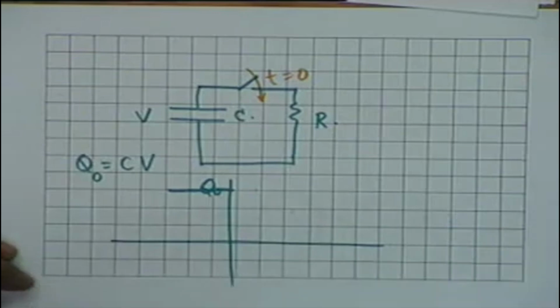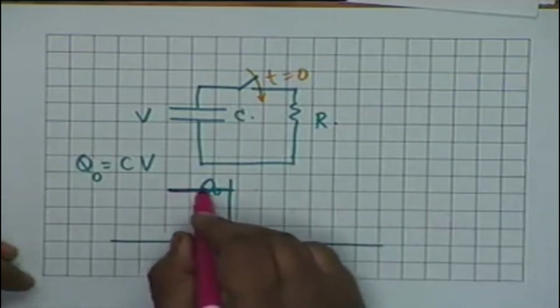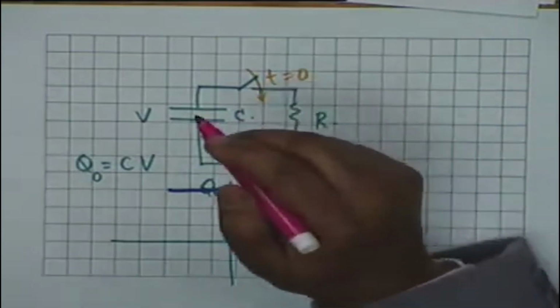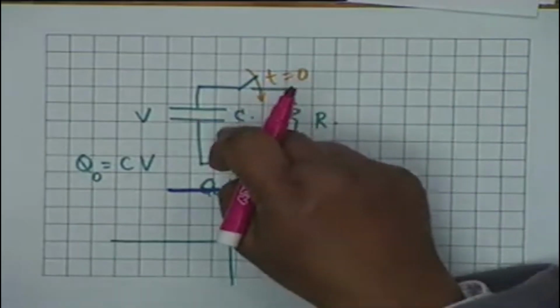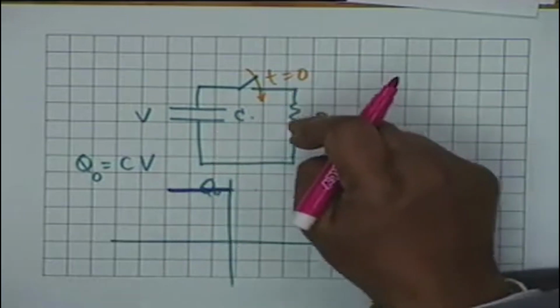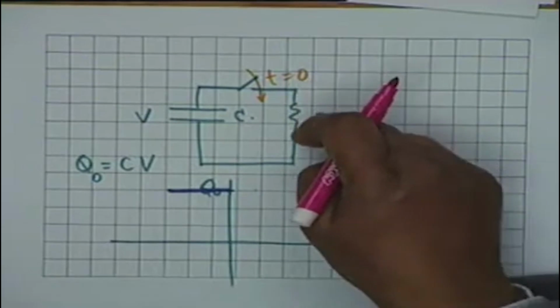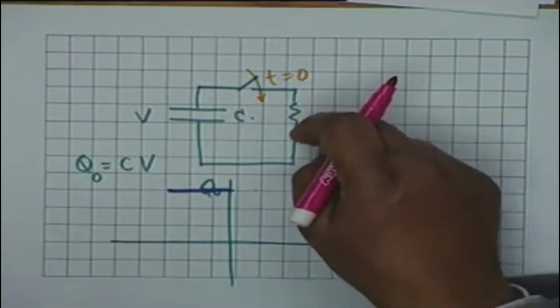Alright. Let's use a different color. At t equal to 0 minus, the charge is Q0, and when the switch is put on, the charge on the capacitor now finds a path for flowing. Capital R, this resistance allows a path to flow.